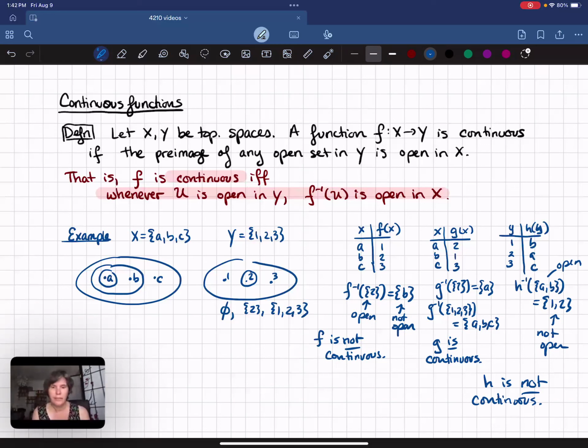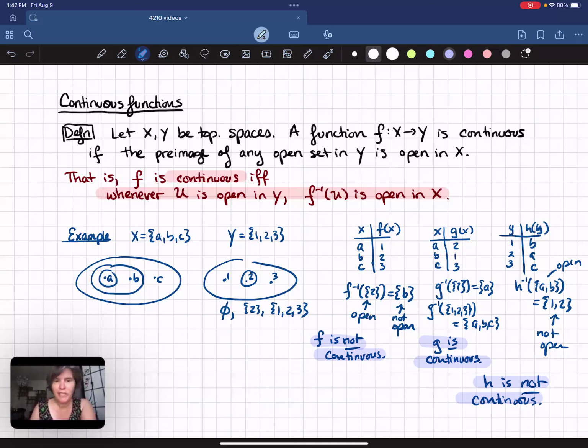All right, so hopefully that helped a little bit with understanding the definition of continuity. Now, in real life, we're probably not going to mainly use this definition on examples where you just have three elements. But the idea is that to check that a function is continuous, you have to think about all possible open sets, and check that for every possible open set, the pre-image is also open.